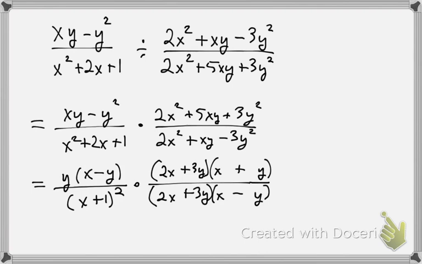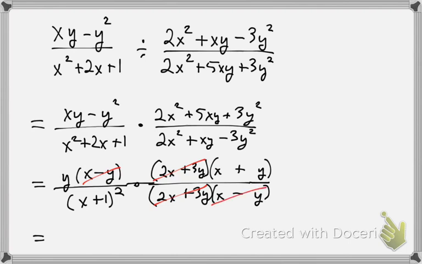Okay, did we factor completely? Yes. So how do we multiply two fractions? Connect straight across. Any common factors to cancel? 2x plus 3y over 2x plus 3y is 1. x minus y divided by x minus y is 1.